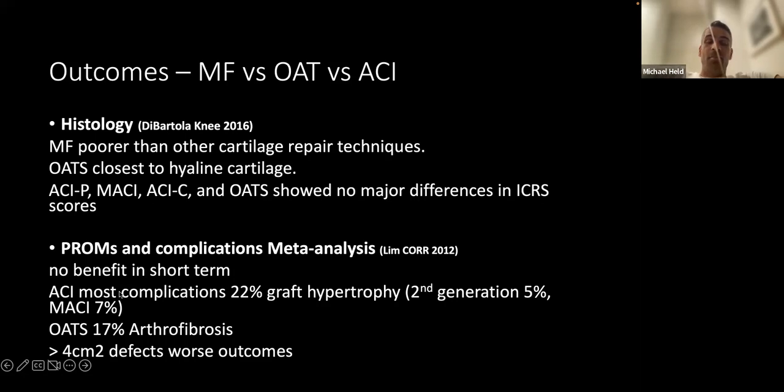The ACI has the most complications, and oftentimes what it actually does is the graft or the bed of the cartilage defect starts to grow too much, and you get hypertrophy, which has become better with the matrix, but it's still an issue. All of a sudden you're creating a little bit of a bump there that people feel is almost like walking on a stone in your shoe.